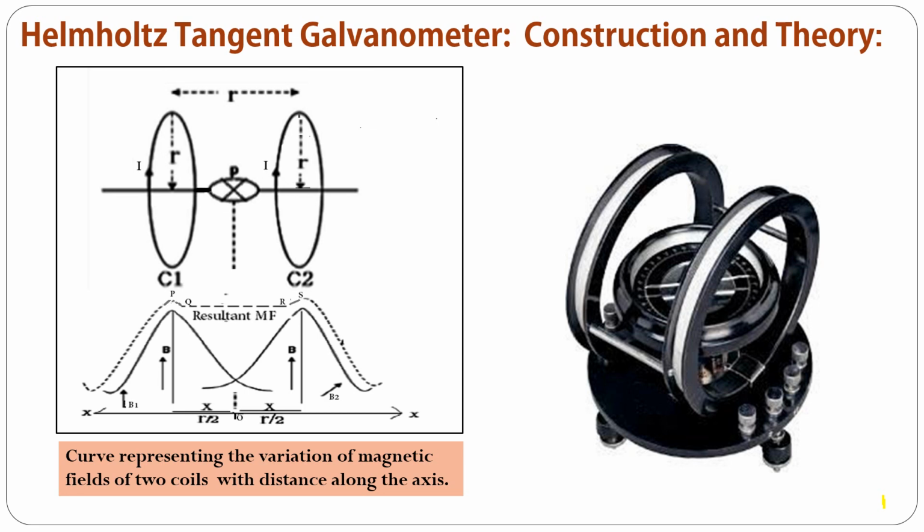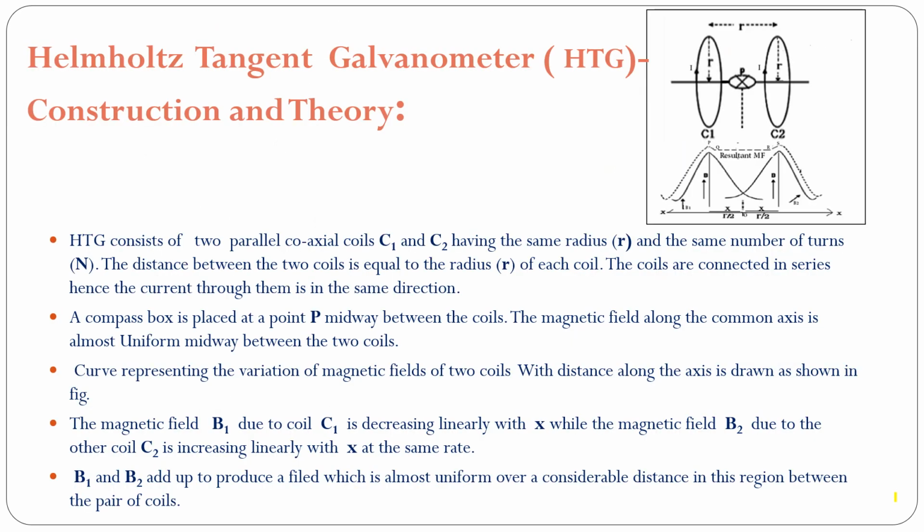Now look at the graph which shows the variation of the magnetic fields B1 and B2 of the two coils with distance along the axis. In the graph, if you observe the region PQ midway between the two pair of the coils, the magnetic field B1 due to coil C1 is decreasing linearly with X, while the magnetic field B2 due to other coil C2 is increasing linearly with X at the same rate.